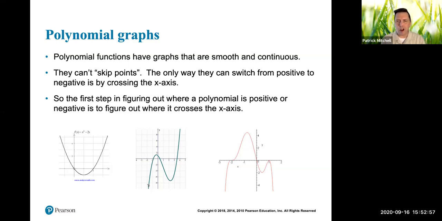Now, when I say crosses, I really mean touches. It could cross right through like you see here, or it could just touch the x-axis and then turn around and go back the other way. So the first step, again, in solving these inequalities is knowing where the polynomial function has x-intercepts.